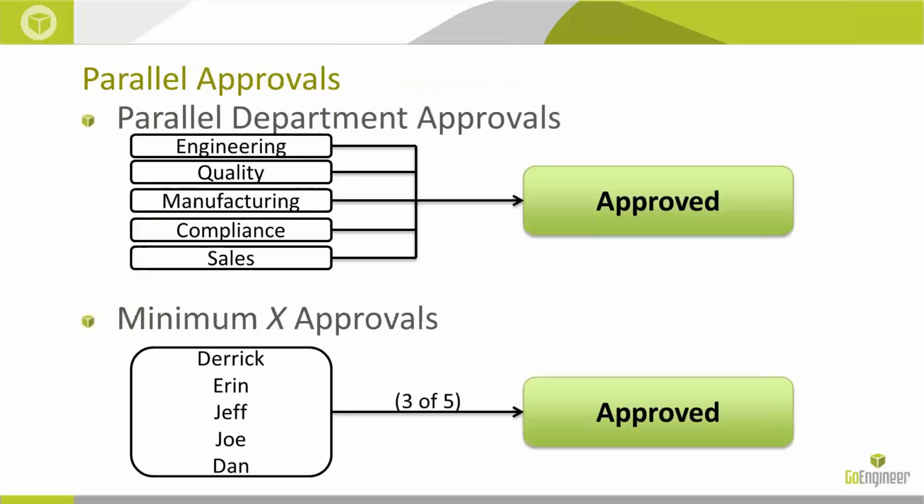If we look now at those same 2 scenarios, but this time we'll use the parallel transition workflow object. That was a new type of transition in Enterprise PDM 2013. So the new parallel transition workflow type is actually pretty well suited to either method, parallel department approvals or the minimum X number of approvals, as well as a hybrid method if we wanted to combine some of those.